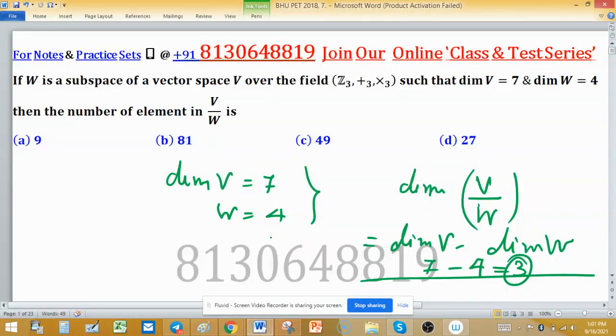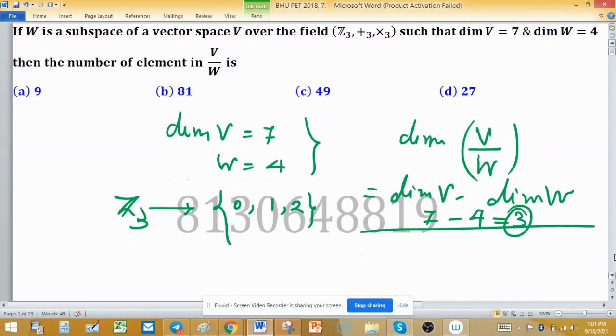Now what is the role of this dimension? To find the number of elements in quotient space. As field is Z3, we know that elements are 0, 1 and 2. As the dimension of the space is the number of linearly independent vectors, there are 3 linearly independent vectors.